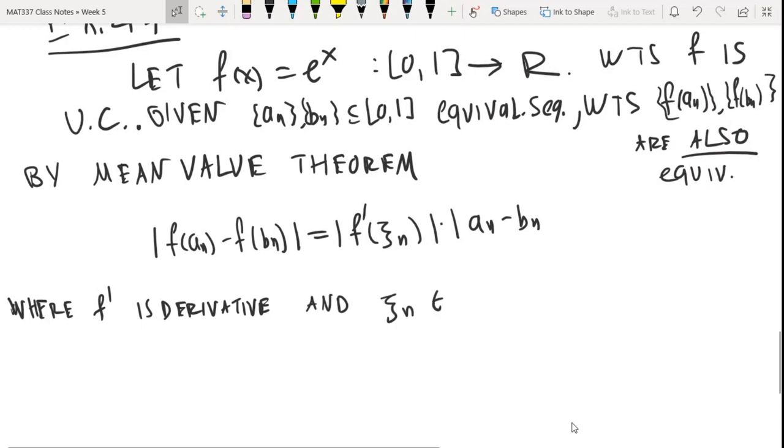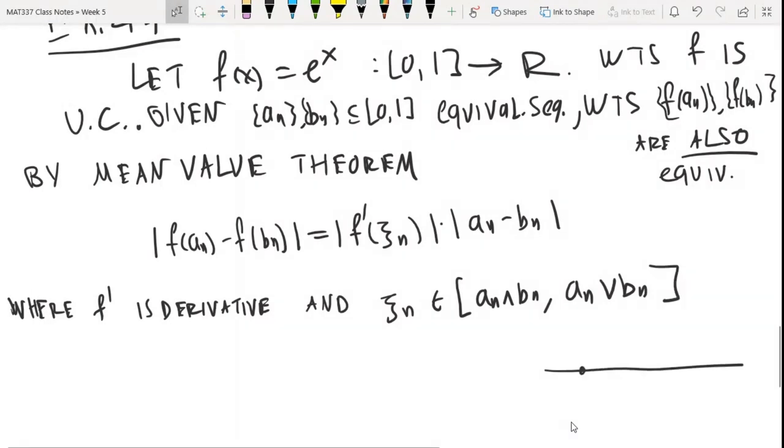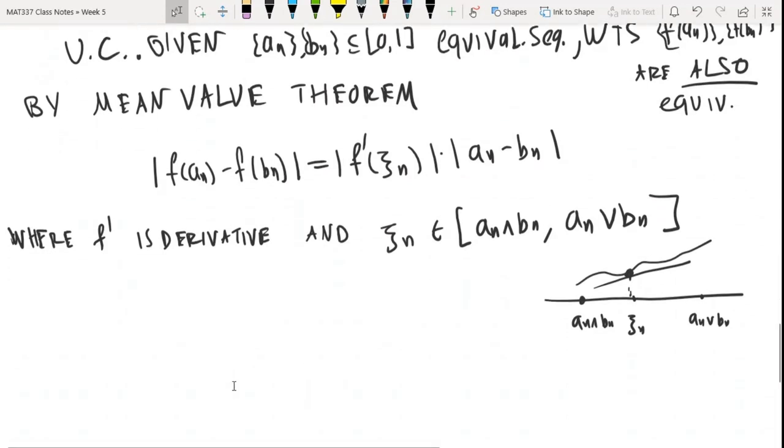So psi n is some value between the min and the max. Okay, so let's bring it back for the exponential.